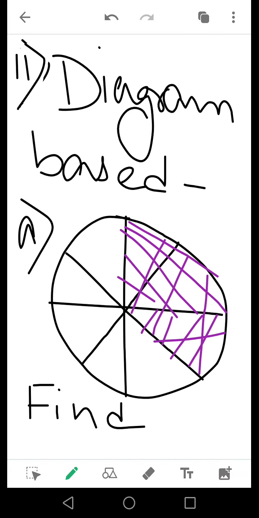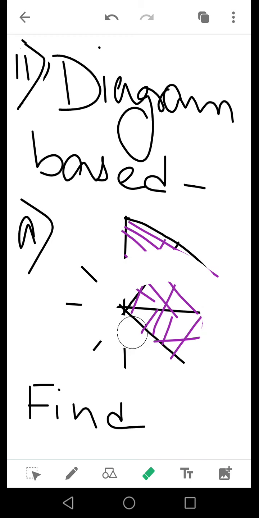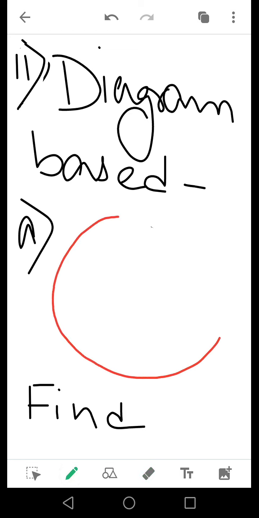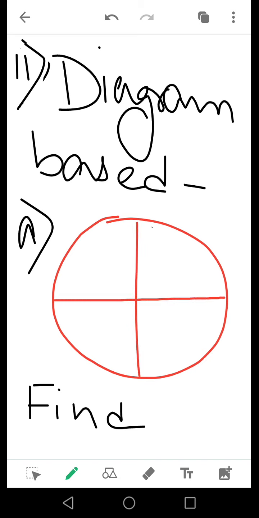Next is diagram based. See that a circle has been made. I am drawing it again. You have to find something out of it. I am drawing the circle again.